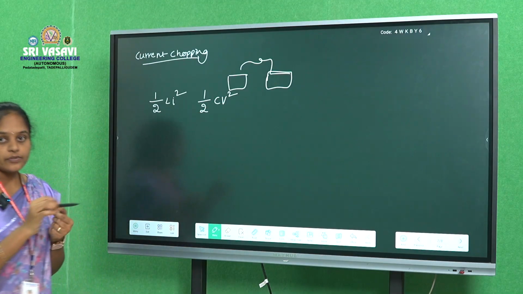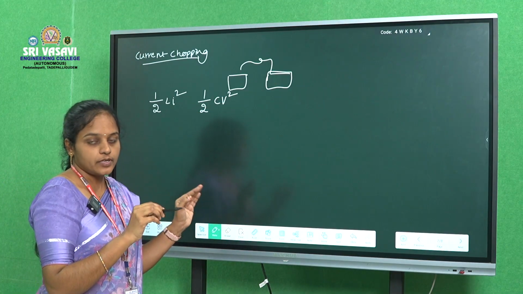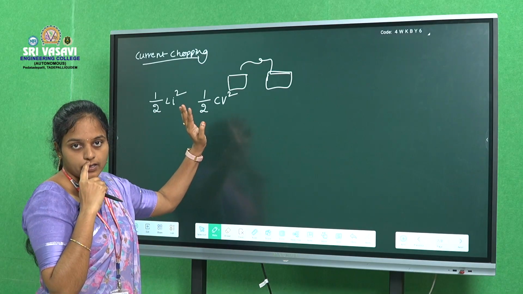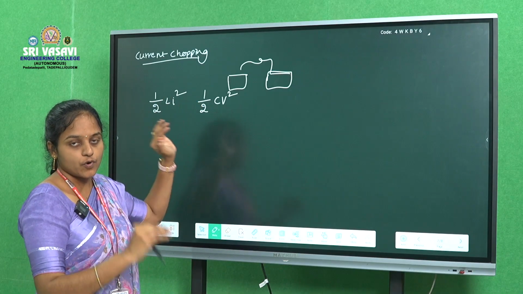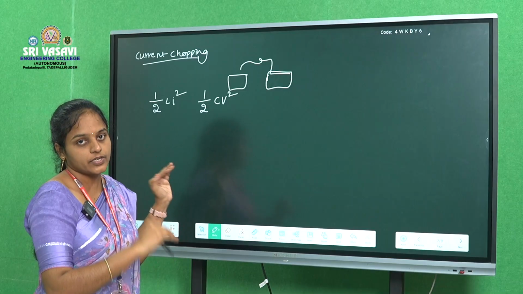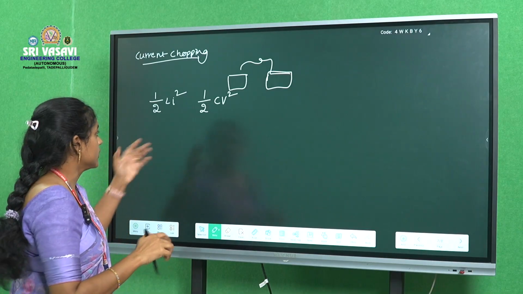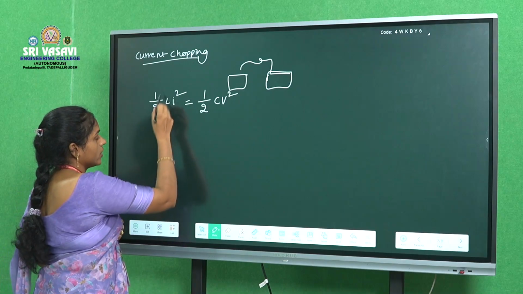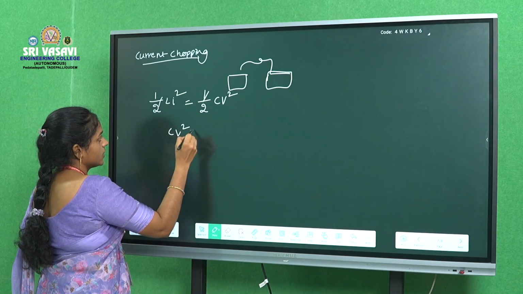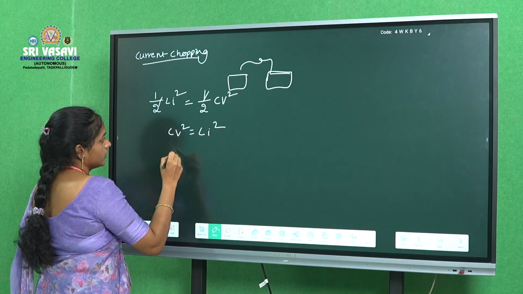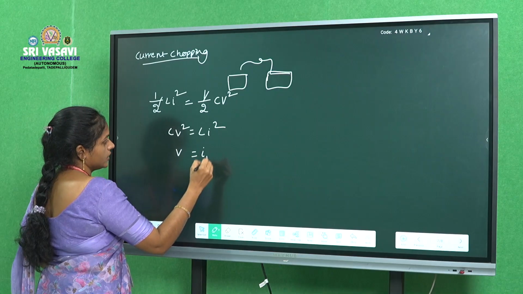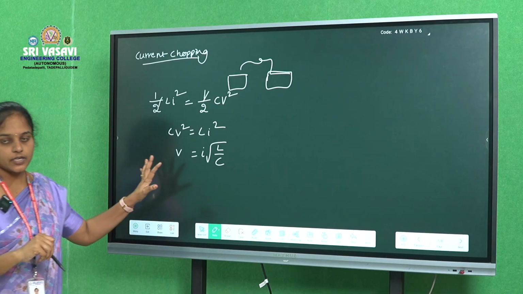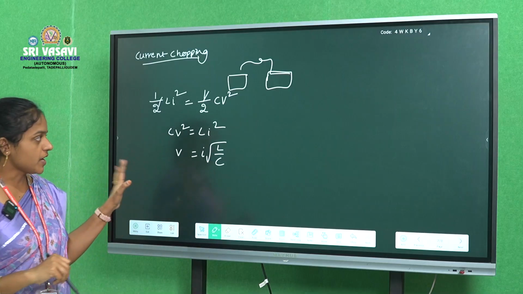Here, if a low inductive current flows, the withstanding capacity of the circuit breaker is more than necessary and the magnetic field energy is converted into electrostatic field energy. So these two energies are equal. Then half cancels, Cv square equals Li square, and V can be written as I into root of L by C. So this much voltage appears across the capacitor.